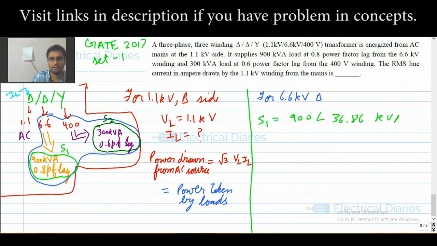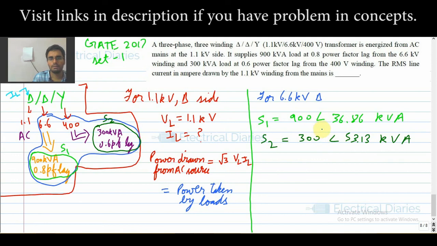And your S2 I can calculate: 300 at an angle, cos inverse of 0.6 is 53.13, kVA.